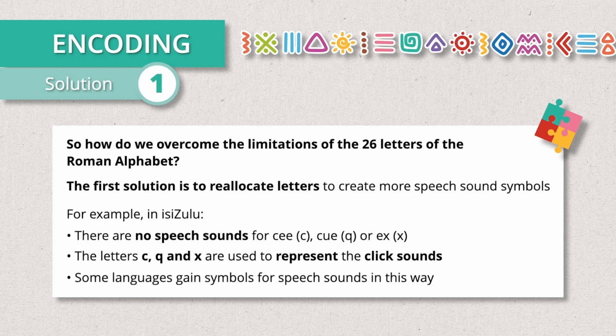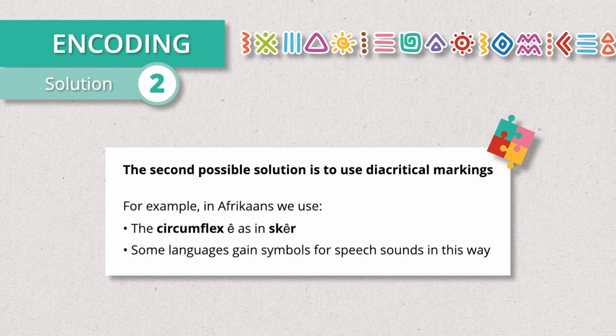Some languages gain symbols for speech sounds in this way. The second possible solution is to use diacritical markings. For example, in Afrikaans we use the circumflex E as in sker. Some languages gain symbols for speech sounds in this way.